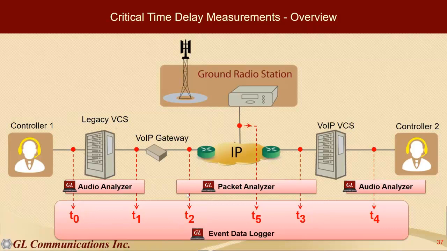If something was located separately, I think we'd have to account for that and see how that plays in, because the time actually does get introduced, time 0, time 1, all down at the event data logger location. So at present, we've done everything in a local manner, local area network. If you had something other than that, I think we'd have to talk to you and analyze that a little bit.